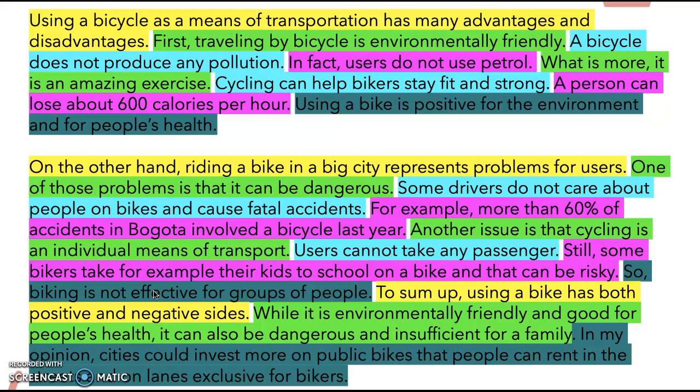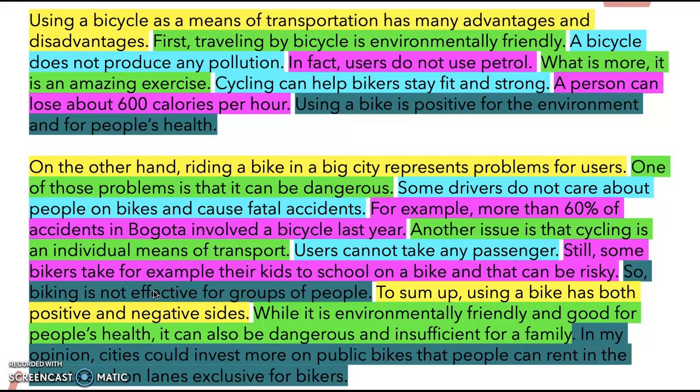Look that it says using a bike has both positive and negative sides. It is very similar to what we said at the very beginning of the text. Then we present the main points: environmentally friendly, good for people's health, dangerous, and insufficient for a family. And at the end, the writer is giving a personal opinion.